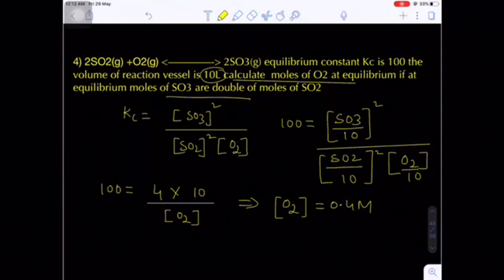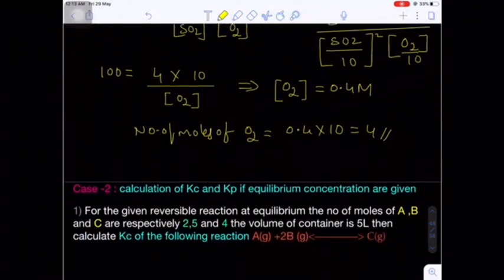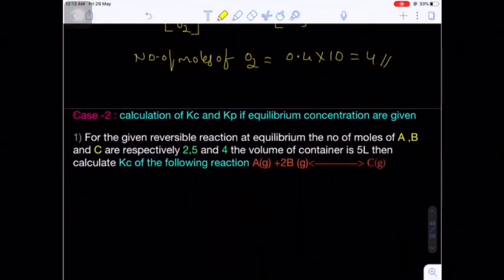So the number of moles of O2 is equal to the total concentration multiplied by the total volume of the vessel, that is equal to 4 moles.